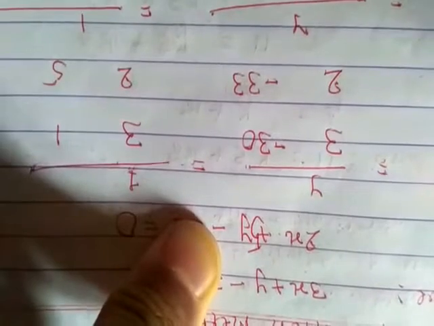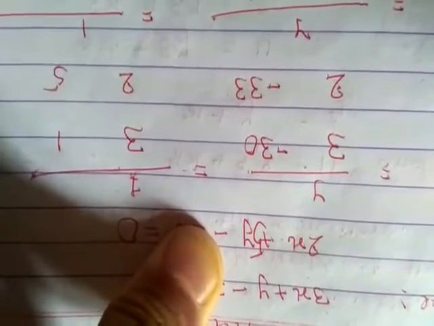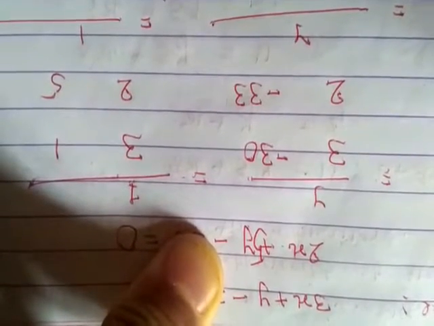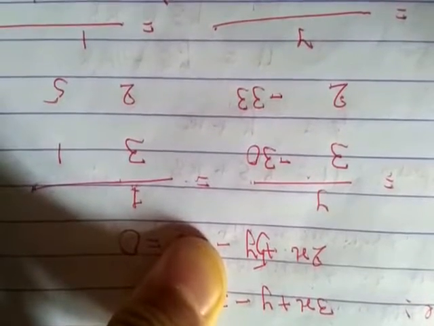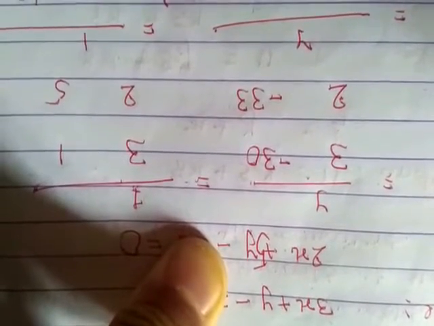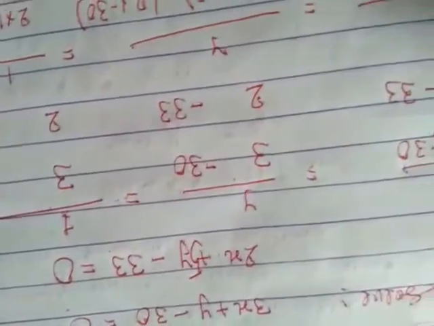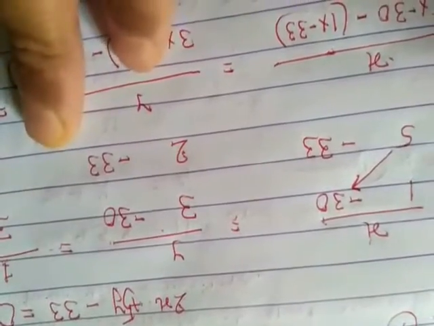And from equation number 2, the coefficient of x is 2 and the coefficient of y is plus 5. So write 2 and 5 both. So this is the arrangement to write the coefficients of the variables and their constants from both equations. Now we have to perform the cross multiplication between them.